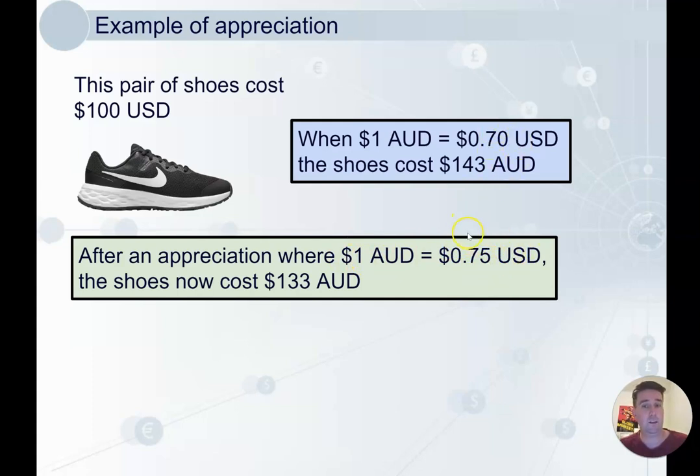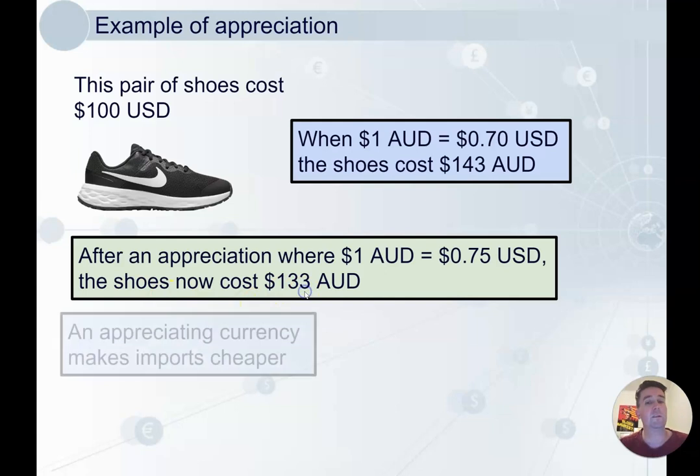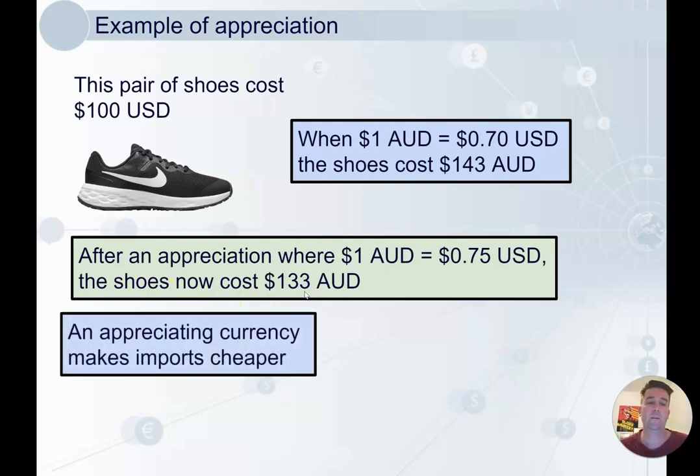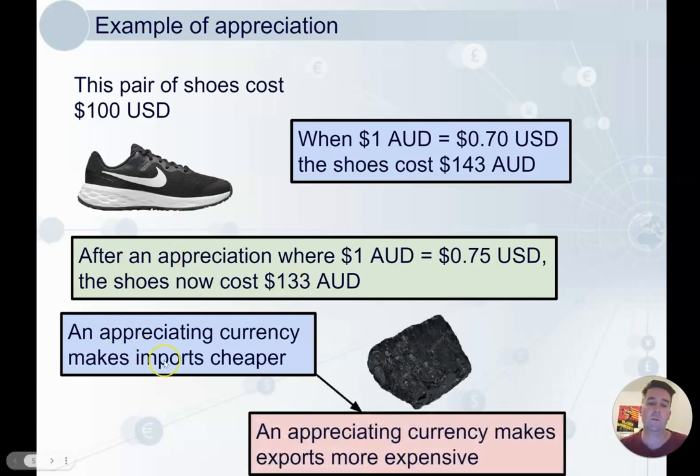That's an appreciation, increase in the value in terms of another currency. So now the shoes would only cost $133. What this means, key aspect, an appreciating currency makes imports cheaper, right? Key point that we need.